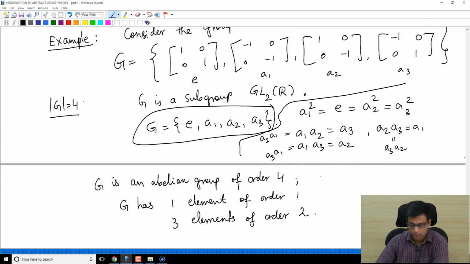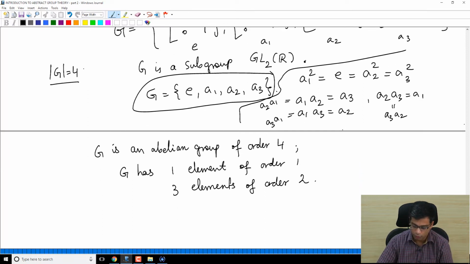Think of G as a group consisting of 4 elements, E, A1, A2, A3 with this multiplication table. A1, A2, A3 have order 2, meaning their squares are all identity, and multiplying any two of them will give you the third in any order. So A1, A2 is same as A2, A1, which is A3. This is a valid group and it's a group of order 4.